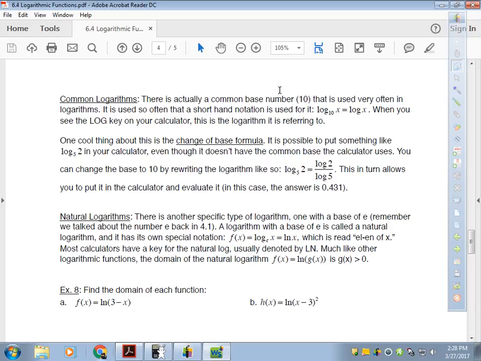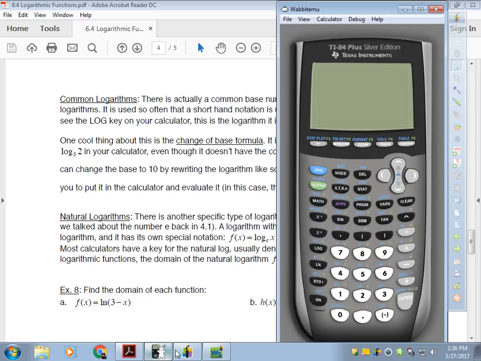This one is very common because our number system is in base 10, and so we use 10 as our counting number, and that's why that logarithm is common. So if you look at your calculator, you'll probably see a log button. That log button is the common log. Like on my calculator, I have this log button here next to number 7.